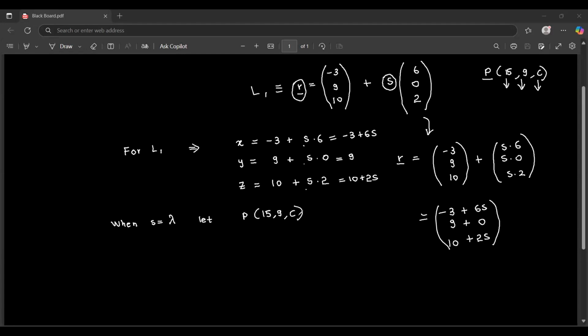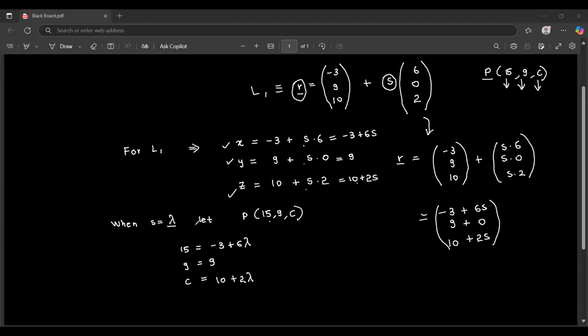So P lies on L1. Now we are going to equate these using the three parametric equations. 15 equals -3 plus 6 lambda, 9 equals 9, and c equals 10 plus 2s, which means 10 plus 2 lambda.